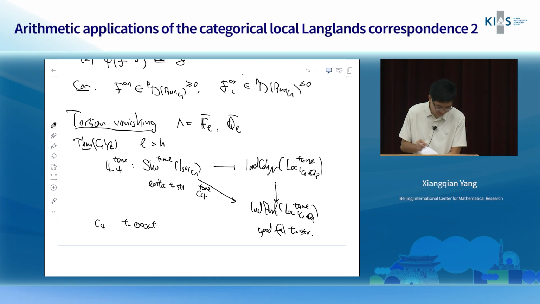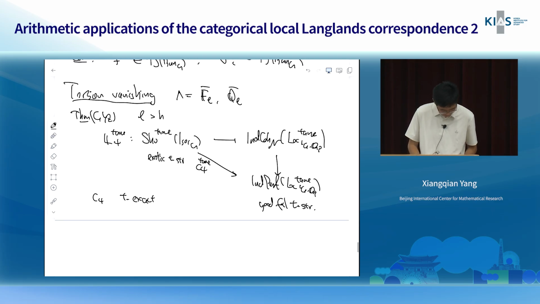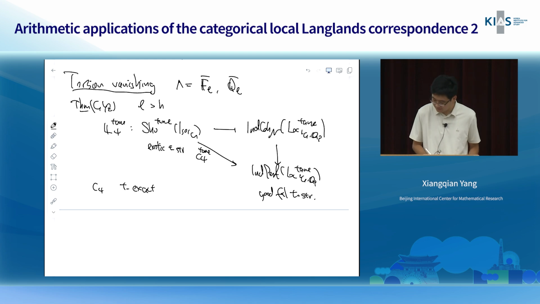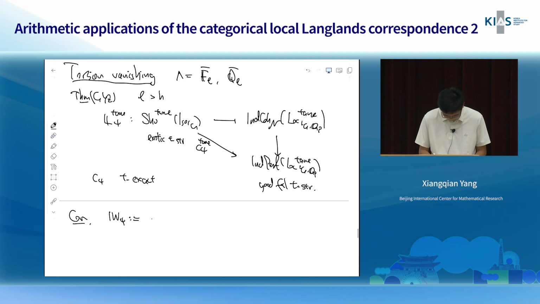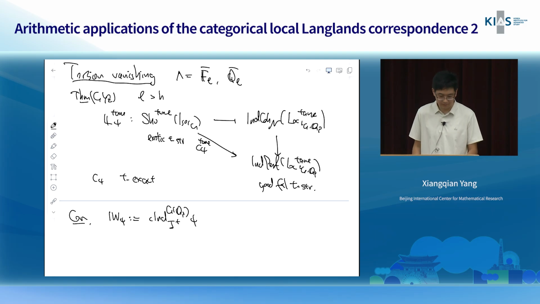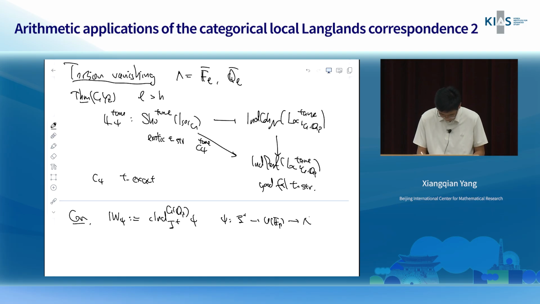Okay, so a quick corollary of this is that we have this Iwahori-Whittaker representation, which is defined to be compact induction from the pro-Iwahori to G of ψ, where ψ is one of these additive characters that are non-generic.